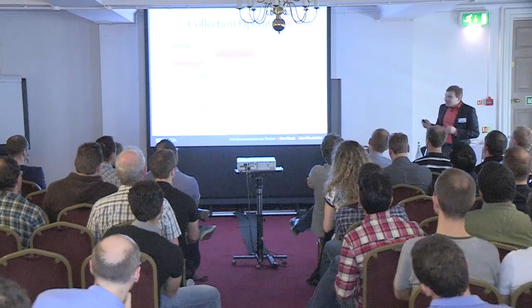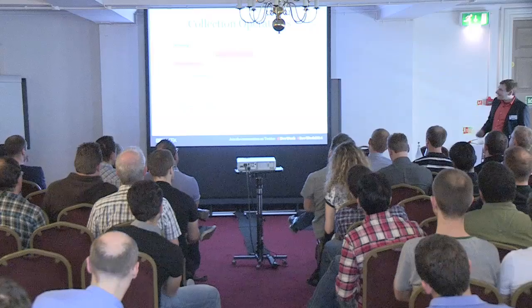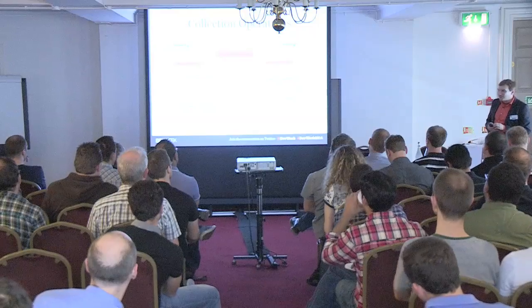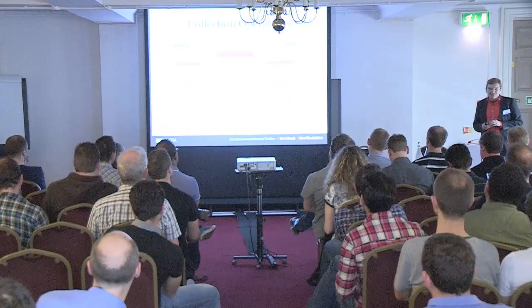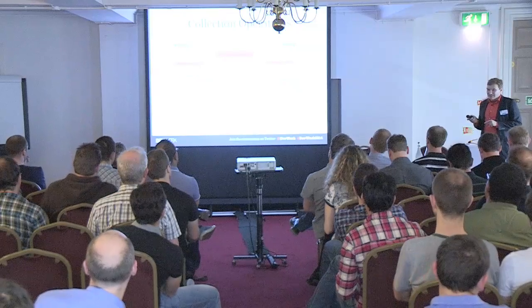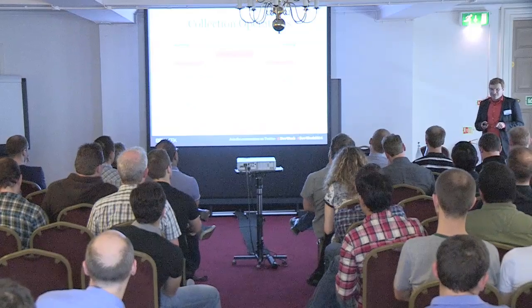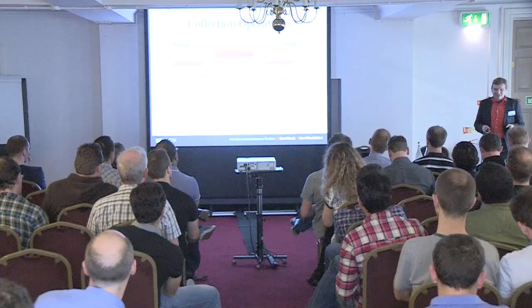So that's covered reading from the collection. Next thing, writing to the collection. And there are pretty much four different basic ways you can write to a collection. You can add or remove an element, insert or replace it. And the difference between adding and inserting, it's important to bear in mind: when you add an element, you're just basically saying to the collection, take this in, keep this in your collection.